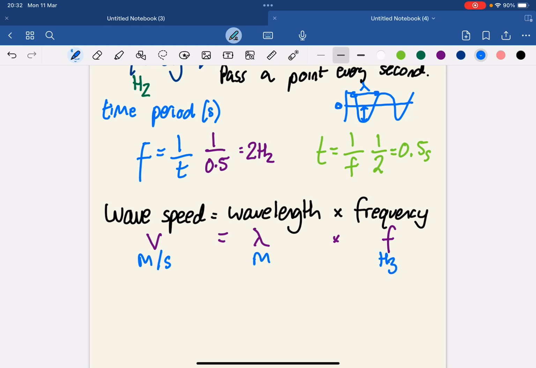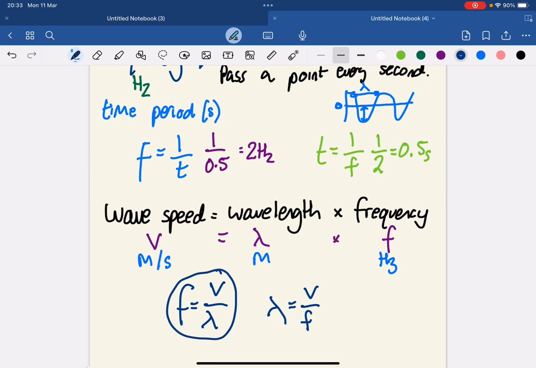So if we want to rearrange this equation to work out frequency, we're going to have wave speed, which is velocity, divided by wavelength. If we want to work out the wavelength, we can then rearrange the equation to have wave speed divided by frequency. And I recommend you watch the video that I've created on rearranging simple equations in physics, and that will explain how these have come to form.